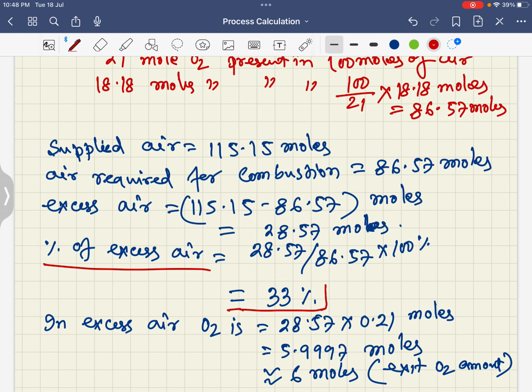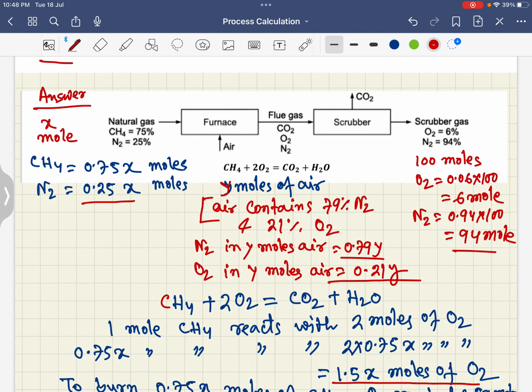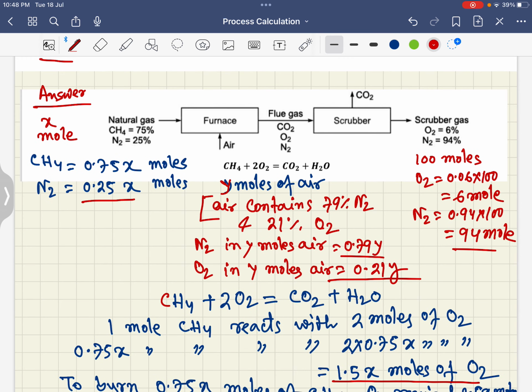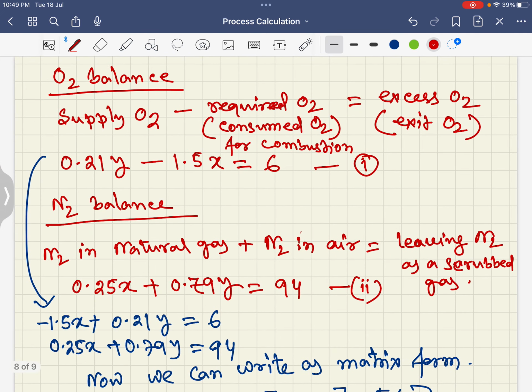Okay, now again I am repeating. So here first we assume x mole natural gas and y mole air. We check how much methane and nitrogen is there, how much nitrogen and oxygen is there in the air, then we make the balance. From that balance, how much oxygen is required. Then we do the oxygen balance and nitrogen balance.